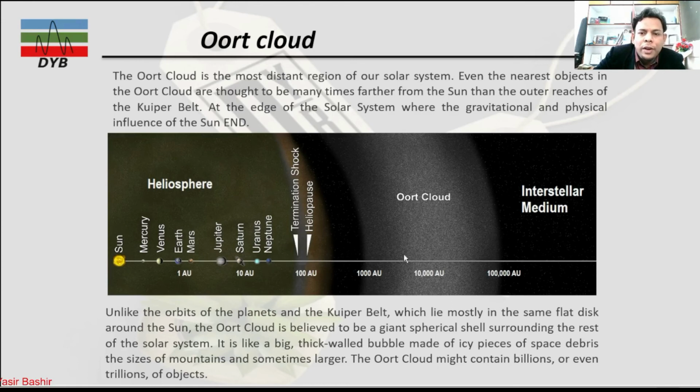If you look at the units, 1 AU, 10 AU, 100 AU, and this is 1000 AU, which is quite far away. This is the edge of the solar system, where the gravitational and physical influence of the Sun ends.